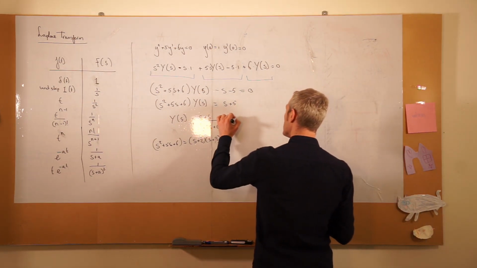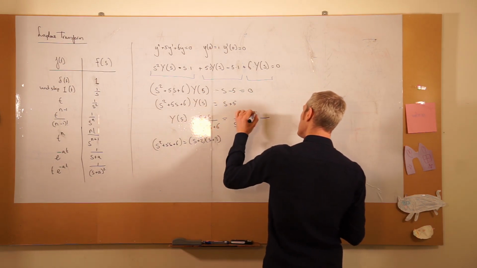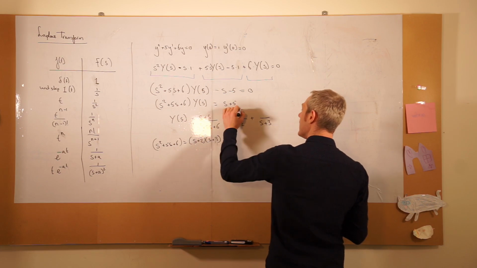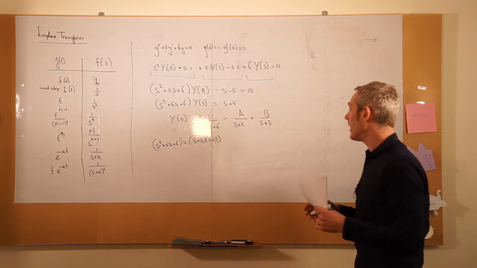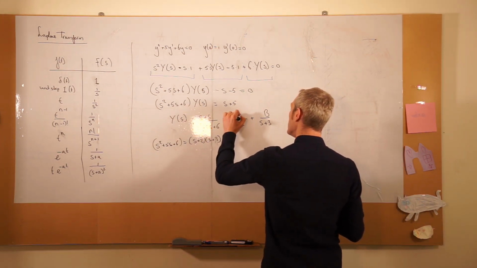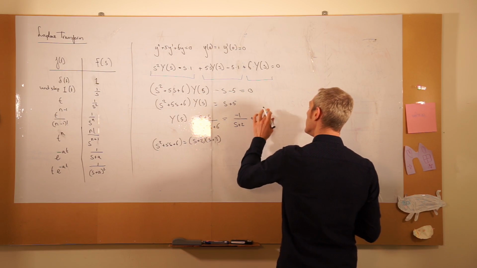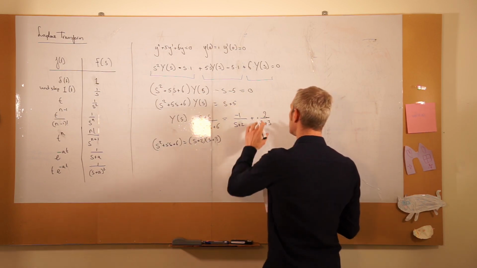I can write this as some fraction A over s plus 2 plus some fraction B over s plus 3, and I still have to figure out what A and B are. Again, I will leave that for a separate video. A is minus 1, and B is equal to 2.